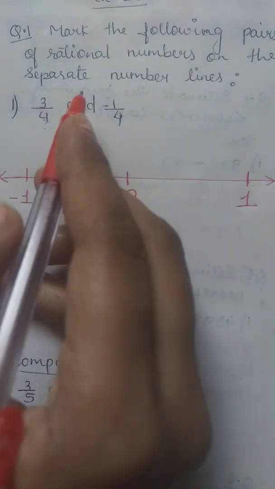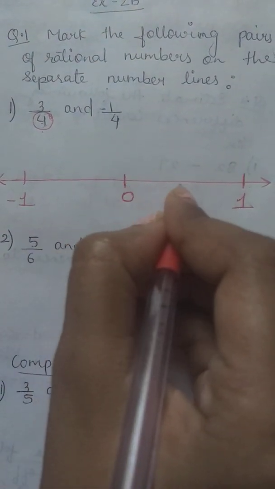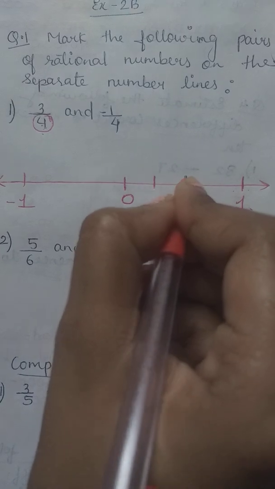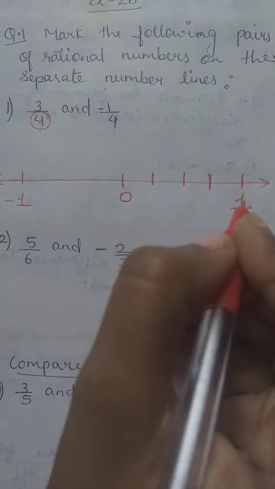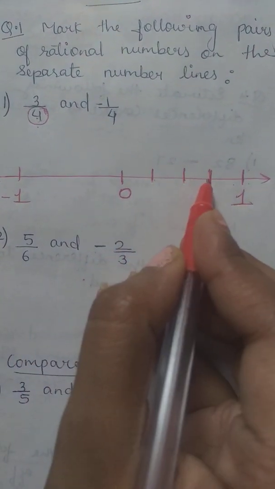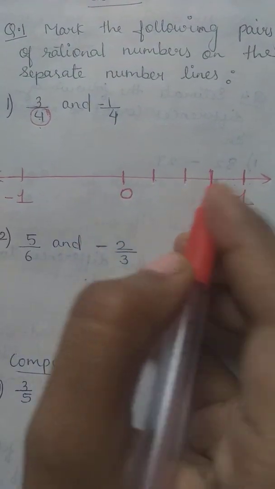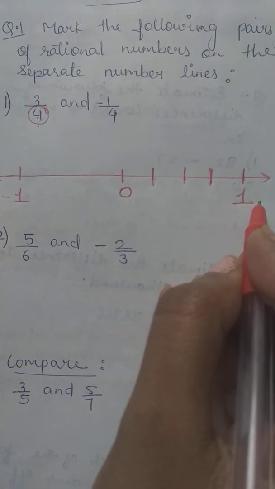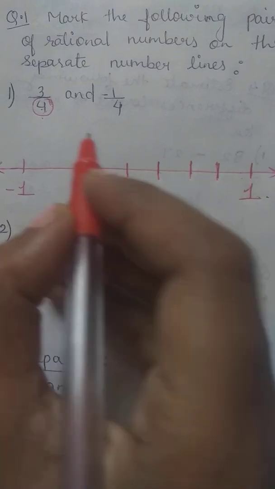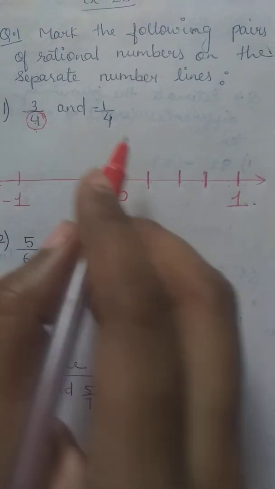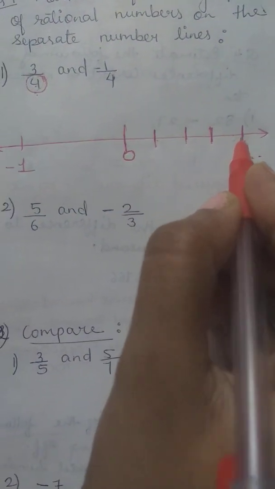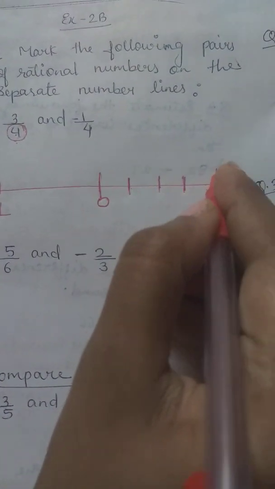Here in the denominator 4 is written, so I'm going to divide this line into 4 equal parts: 1, 2, 3 and 4. When the denominator is greater than the numerator, whatever is written in the denominator, we have to divide the line into that many equal parts.